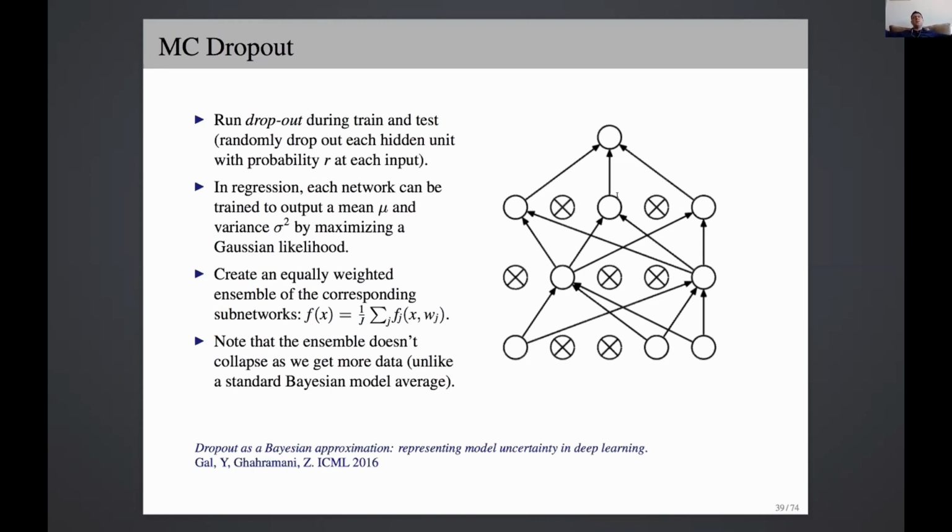As we get more and more data, eventually we'll see a collapse onto the maximum likelihood solution. That's not something we'll see here. So this is more like a different type of ensemble that's being formed in the end, although it is a way of representing epistemic uncertainty. So an interesting future direction here could be, for example, to do inference over things like the dropout rate, such that you would actually observe some kind of collapse as you get more and more data.